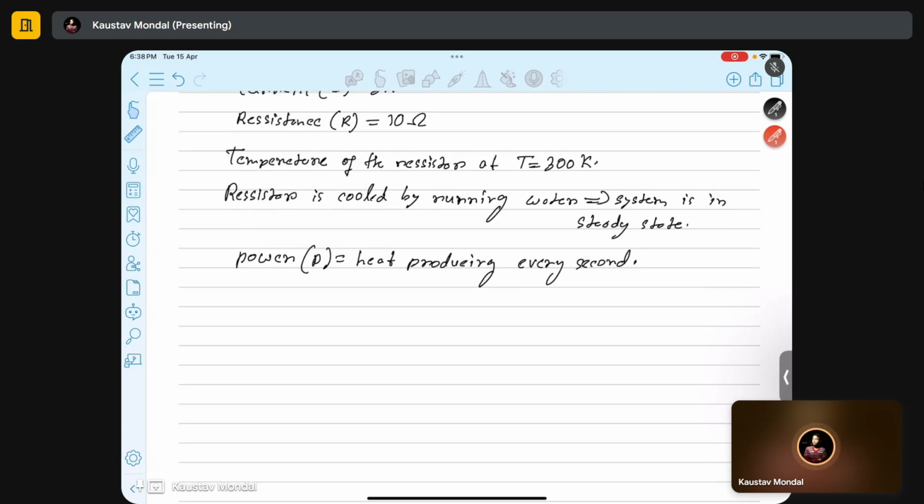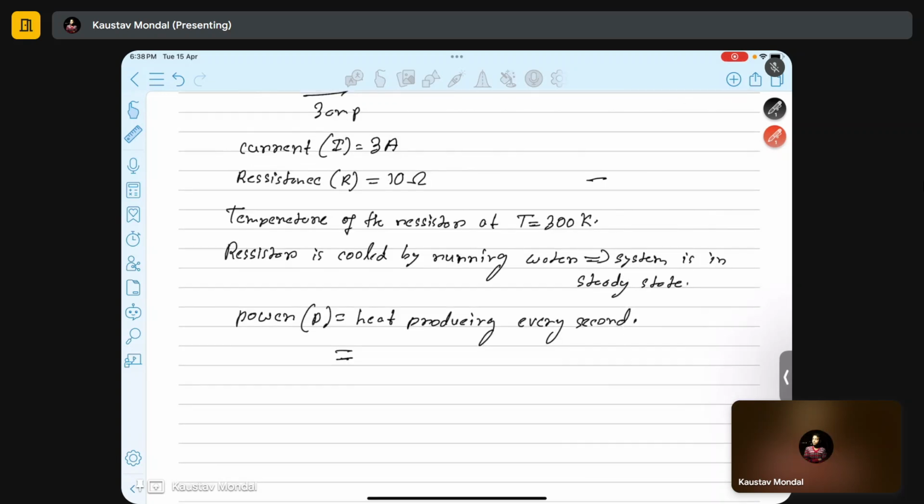You already know that if the wire has resistance R and the current flowing is I, the total power would be I square R, right?